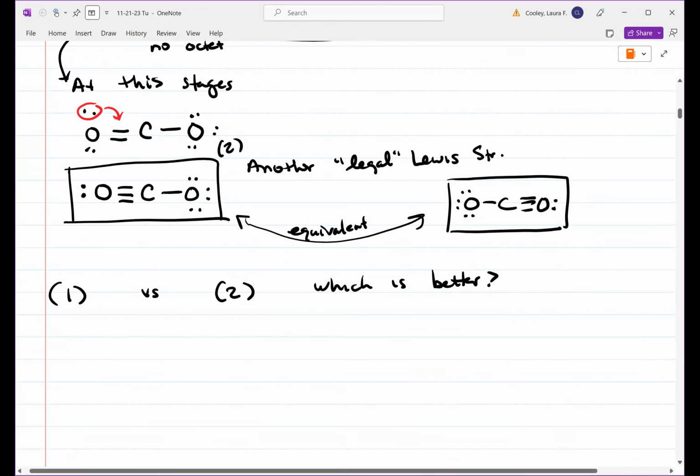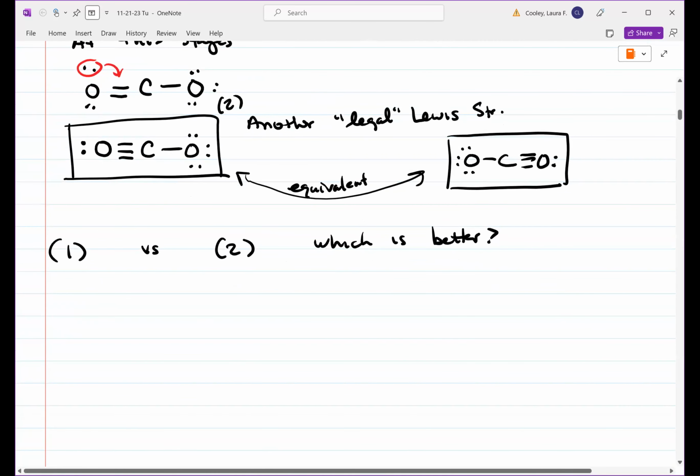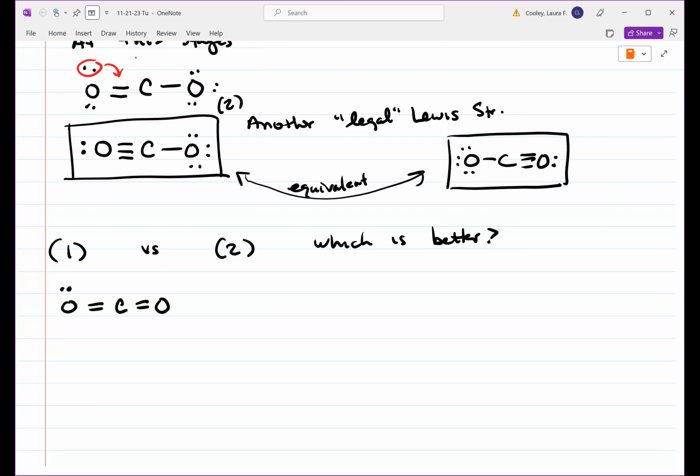And when I say better, I kind of mean more stable, because molecules like to be stable. And the way I'm going to show you which is better is by calculating the formal charge. Okay, so let's look at CO2 like this. And we're going to calculate the formal charge on each atom.